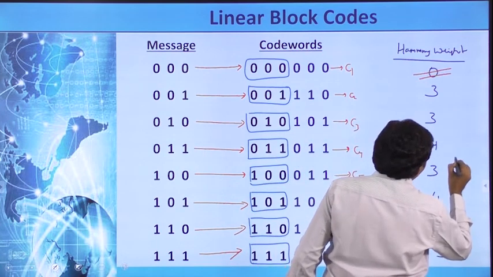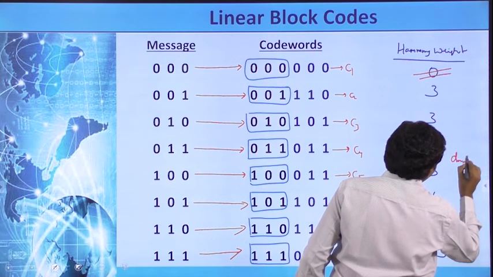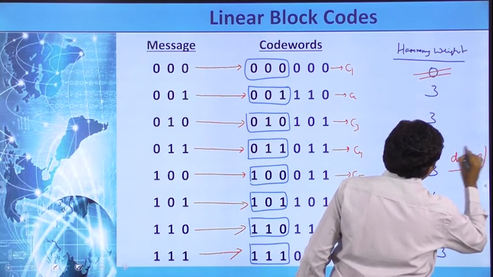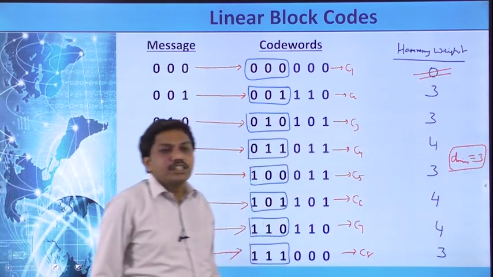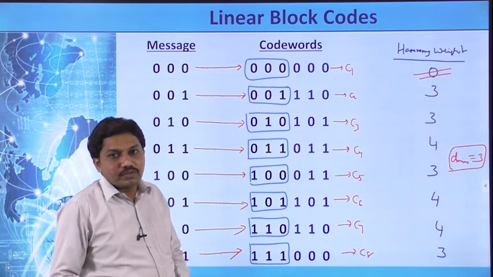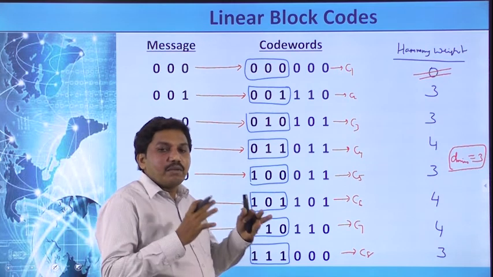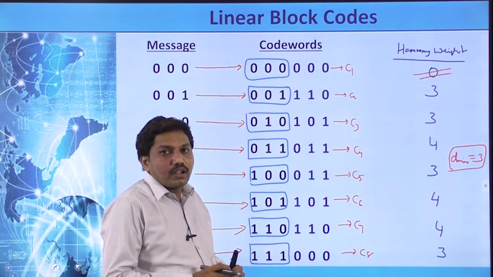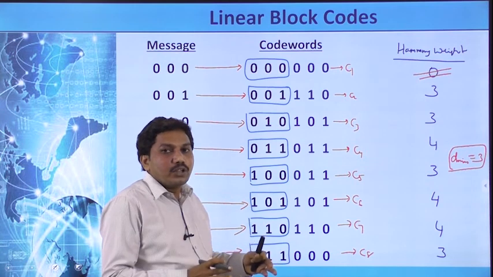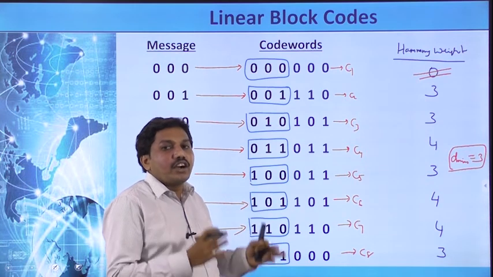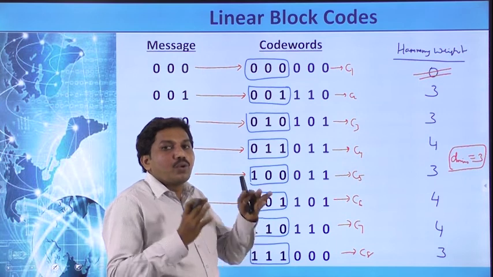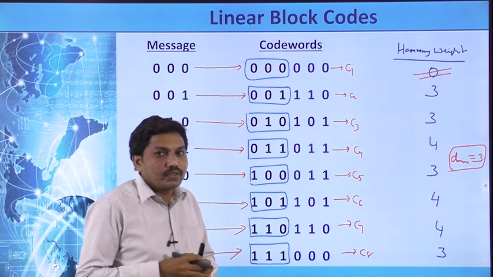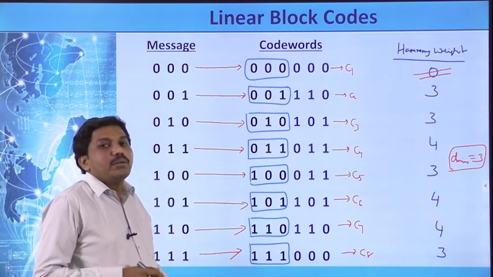So d minimum equals 3. The second part is minimum distance equal to 3. The minimum Hamming distance of the code is equal to the minimum Hamming weight of a non-zero code word in the code, which is d minimum equal to 3.